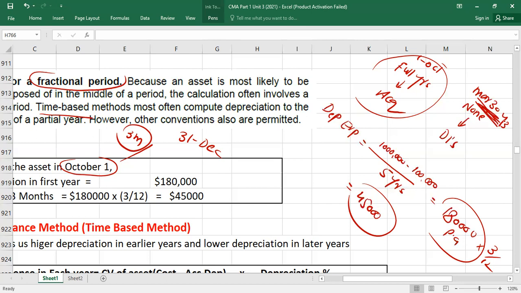Clear? If he asks you to apply the fraction, then in the first year, 3 months depreciation will be calculated because you bought on 1st October. In the year of disposal, also 3 months depreciation will be calculated because you sold on 31st March. Right? If year end is 31st December, 3 months depreciation will be calculated there also. Understood?